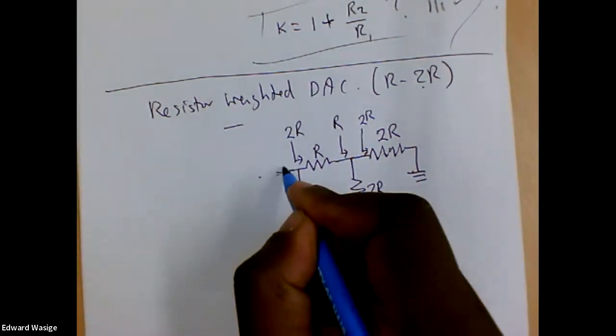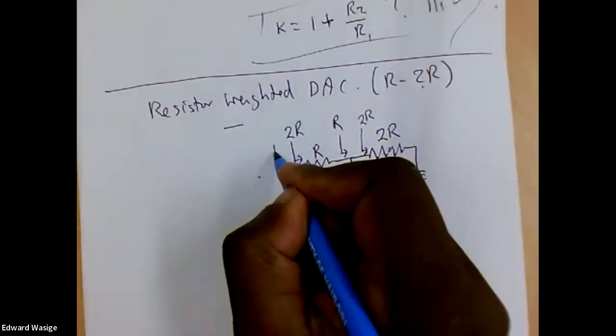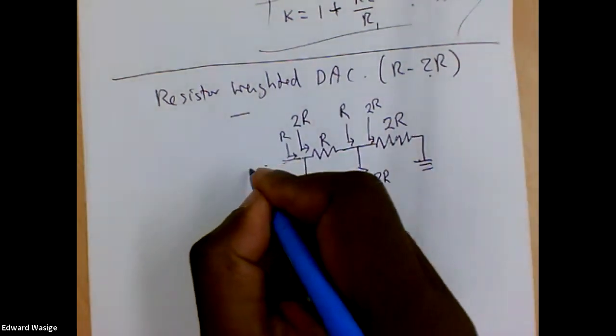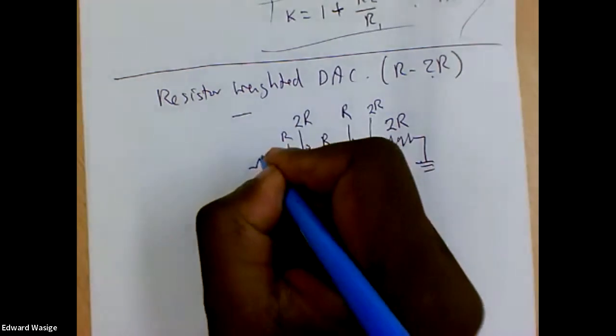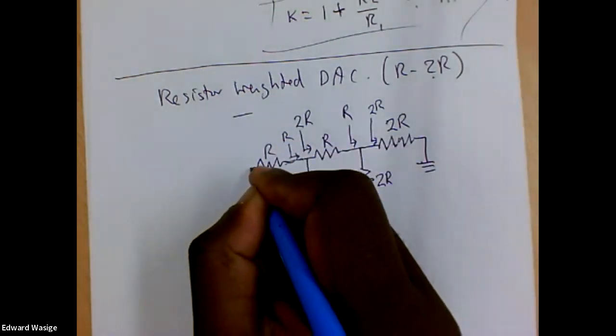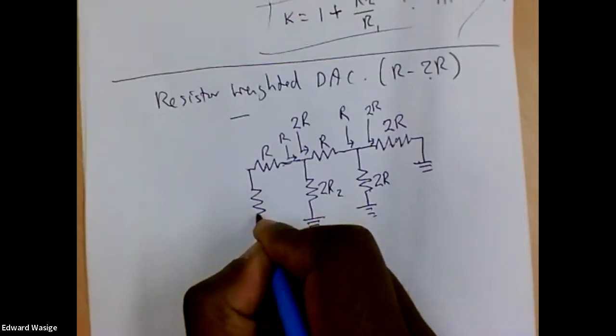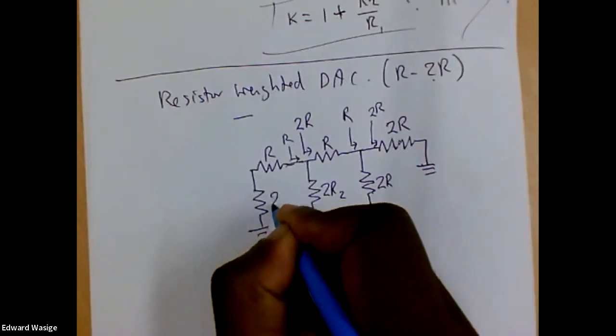And therefore, at this point, if I look to the right, the resistance is R. And so this circuit goes on like that. I'll use 3 of them. That should be enough.